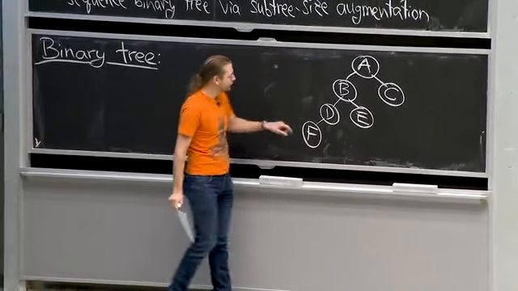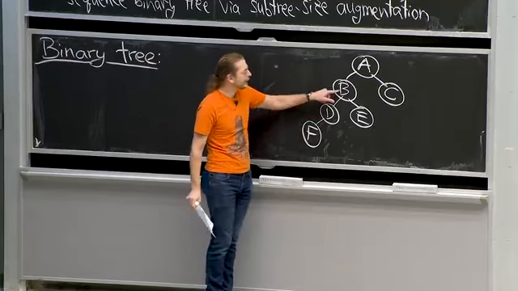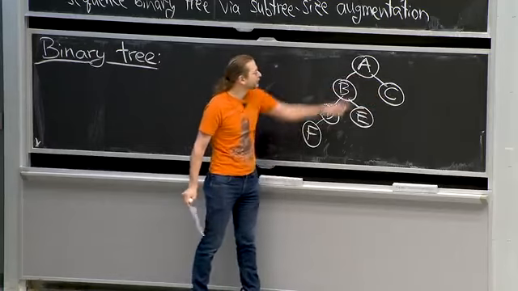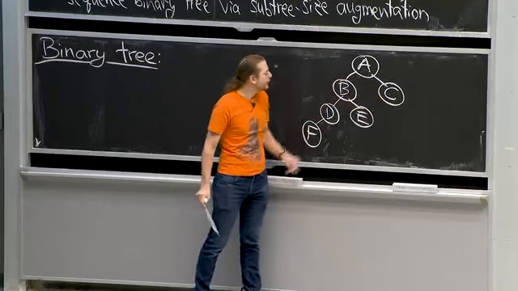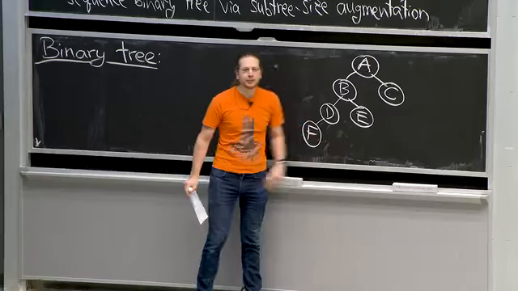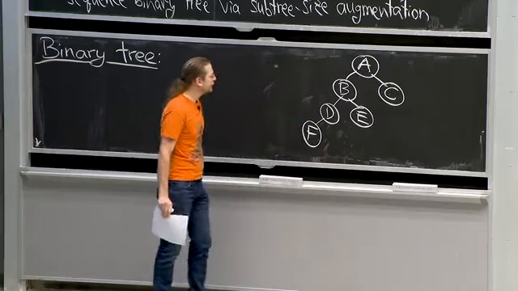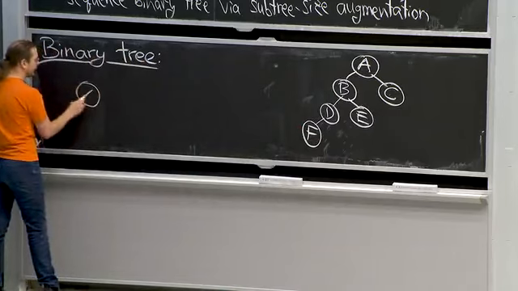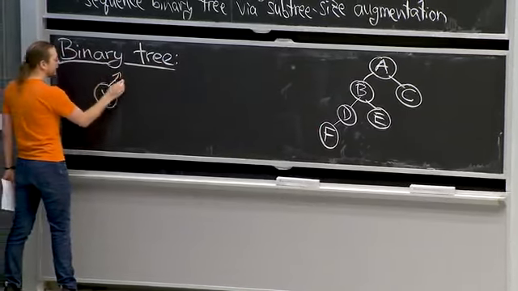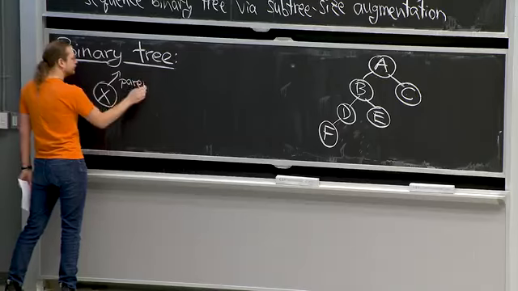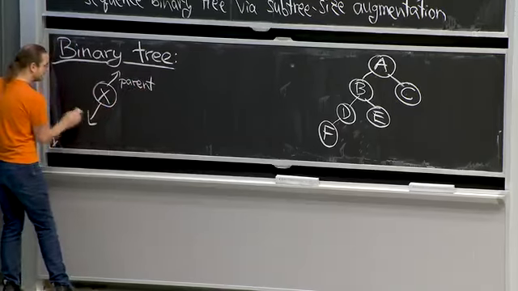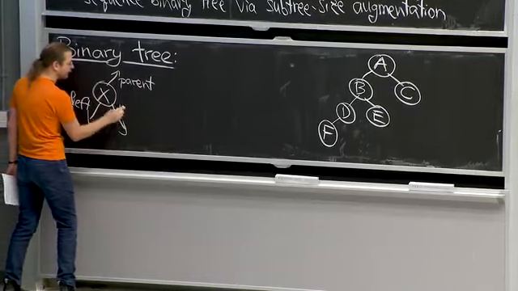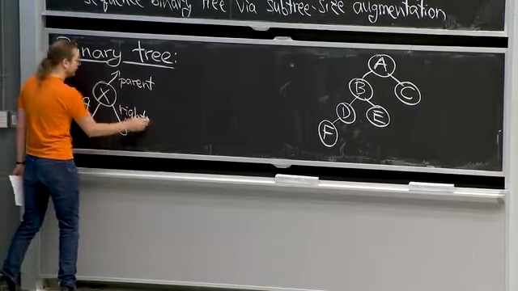It has a bunch of nodes, which we're drawing as circles. It has items in the nodes, which I'm writing as letters here. So this is item A, item B, item C. And it has these links between them. This is like linked lists. But in general, a node X is going to have a parent pointer, a left child pointer, and a right child pointer.